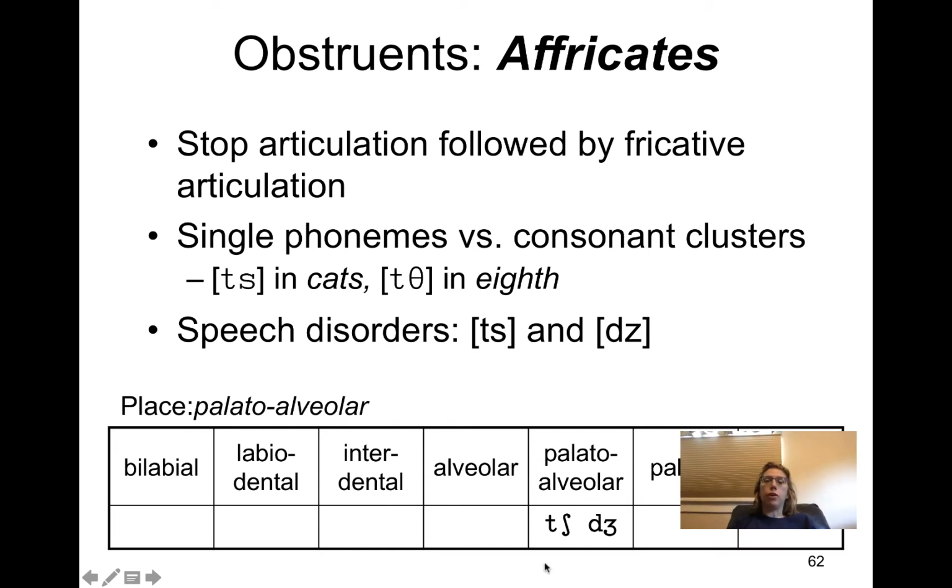But here, in our kids who have speech disorders, what often happens is they front their palatal velar or post-alveolar affricates. Instead of saying the ch and the j, they front them to an alveolar production of a ts and a z. So instead of saying church, they say tsuts. Or instead of saying judge, they say zuds.